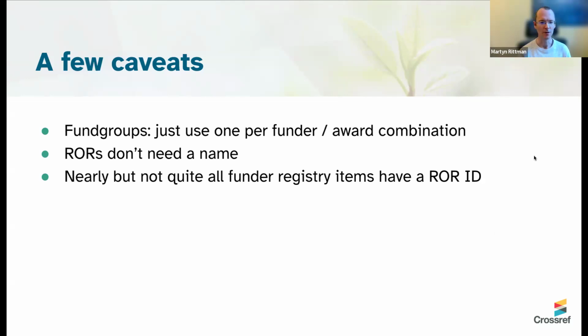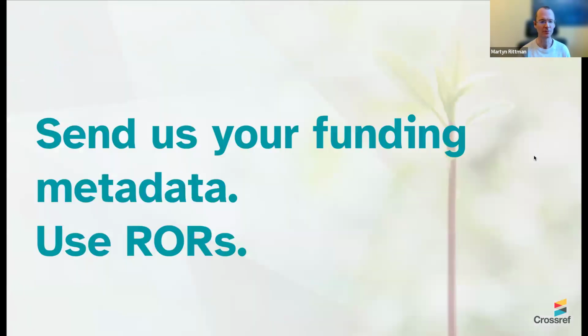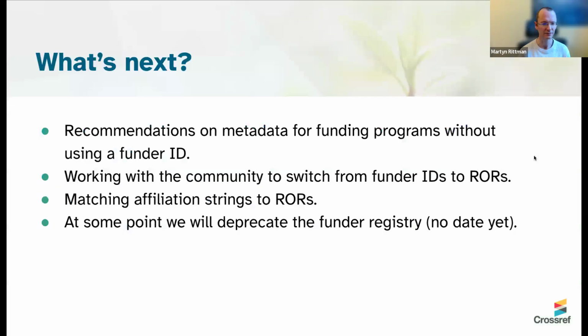So moving on. There should be one more slide before that, I think. Yeah. So what's next? A couple of things that we're doing next in this area. First, as I said, we're producing some recommendations on metadata for funding programs.